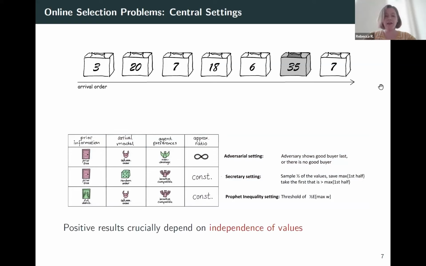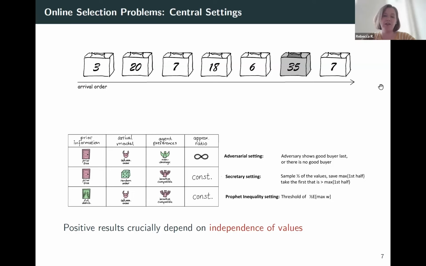So especially, it is not okay if you have value 1 being important for what is value 10, or if the last value is this, if the third value was that. So there's no connection between these values.